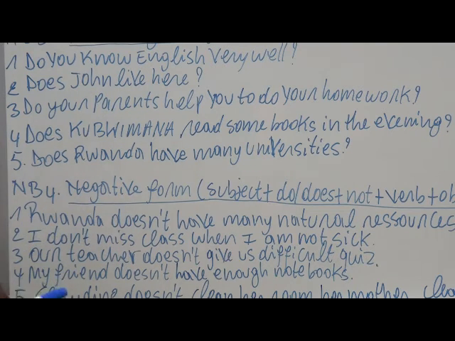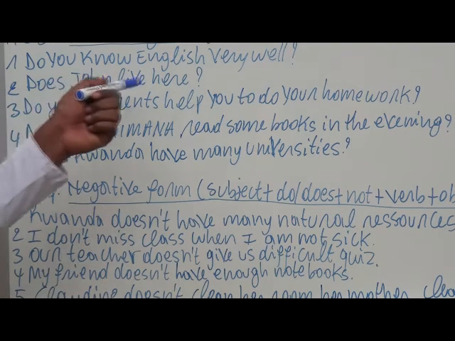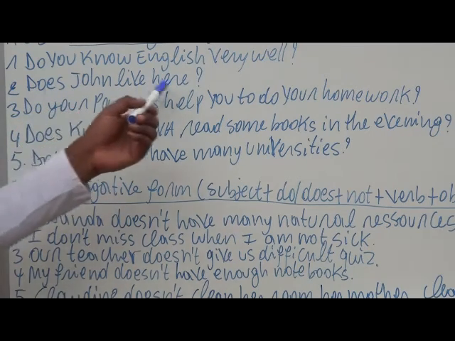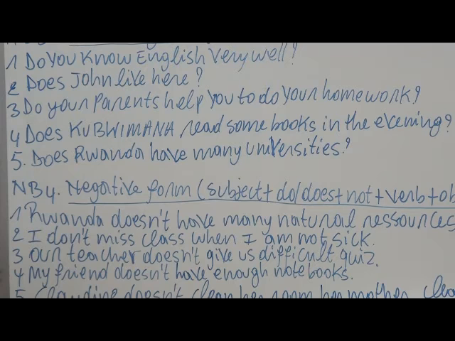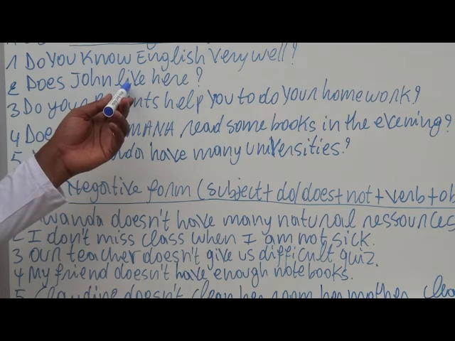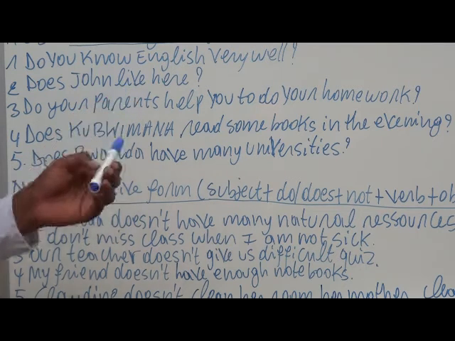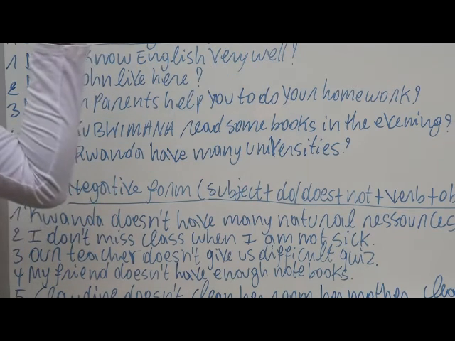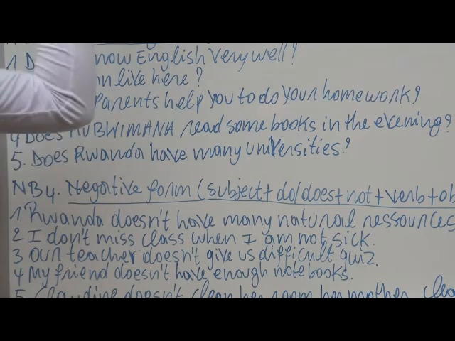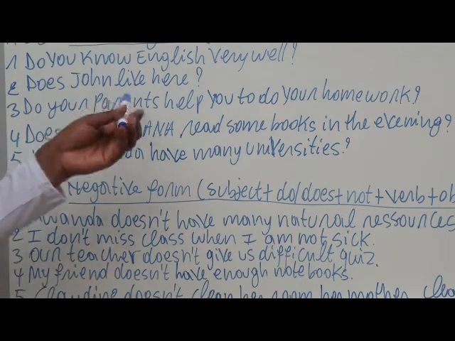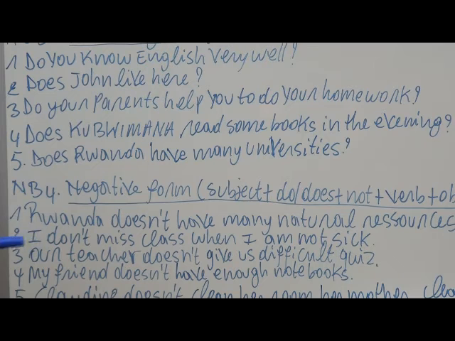Second example: Does John live here? Here is another thing you should know. On the main verb, when it is third person of singular, don't add es as we have seen before. Don't follow this rule. Don't add es on the main verb when we have used the auxiliary to do.